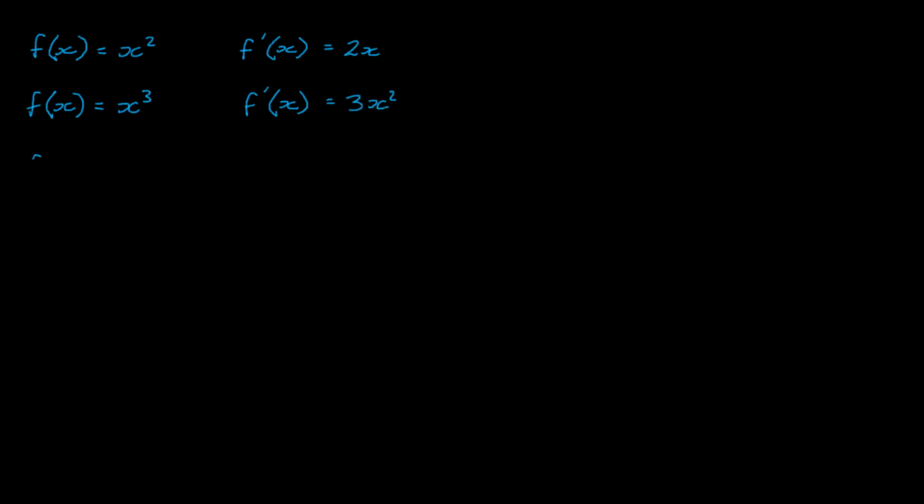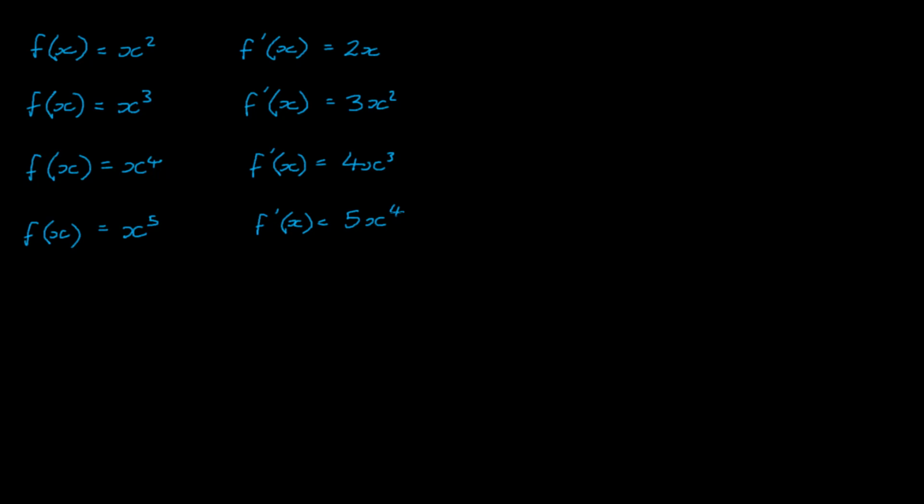If we continue on, if we had as our function x to the power of 4, we would find that the derivative function is 4x to the power of 3. If our function was x to the power of 5, our derivative would be 5x to the power of 4.